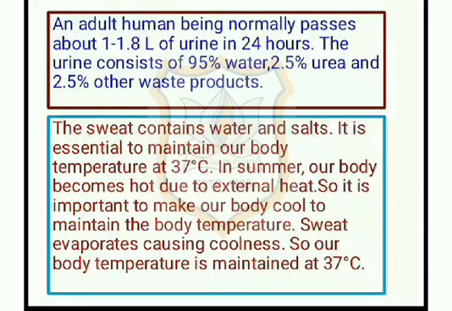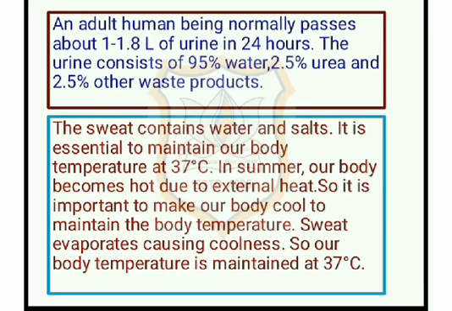An adult human being normally passes about 1 to 1.8 liters of urine in 24 hours. The urine consists of 95% water, 2.5% urea and 2.5% other waste products. The sweat contains water and salts.